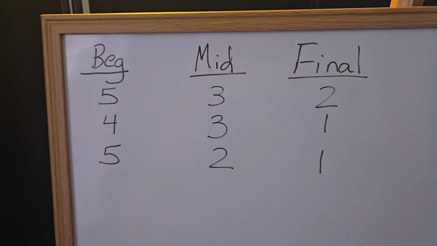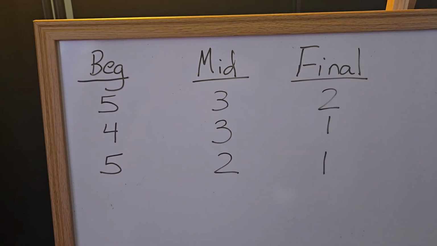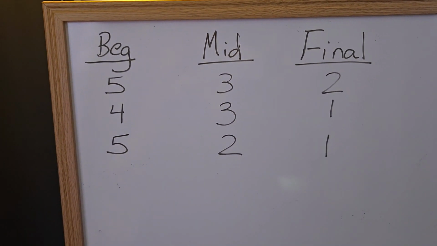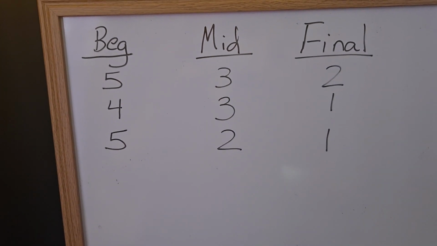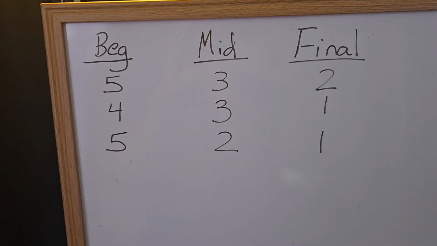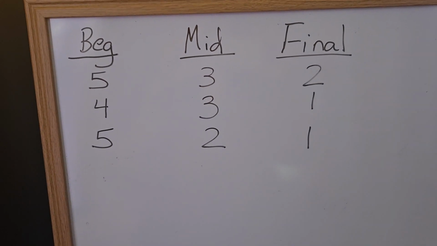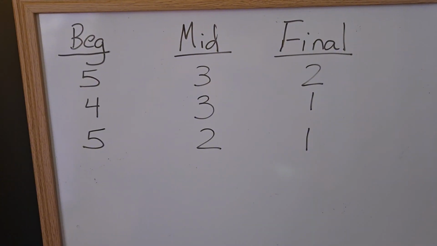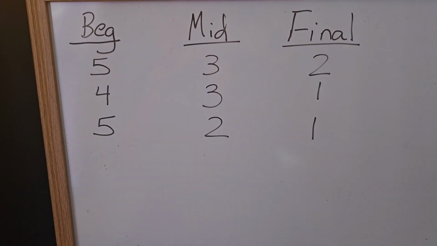So I have 3 measurements from the same group of participants. So these are students in a statistics class, and I am measuring their ratings of their anxiety about statistics. And so I gave them a 1 to 5 scale. This is made up data, by the way. All right, so on a 1 to 5 scale, rate how scared you are of statistics, 5 being the highest.